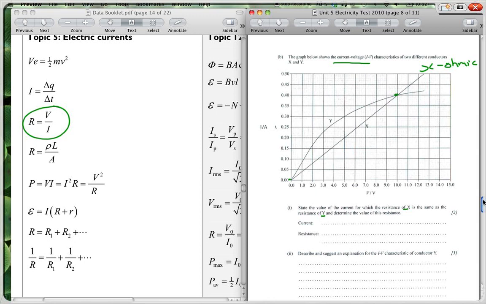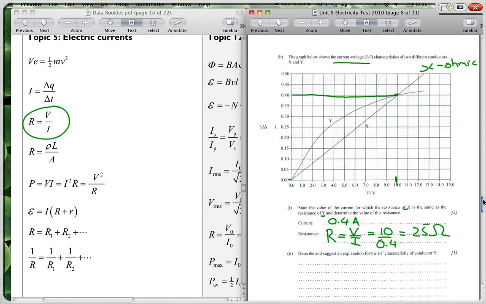So the current will therefore be 0.4 amps, because we can see that across there, 0.4. Your resistance, R, is equal to V over I. It will be 10 volts, so it's going to equal 10 divided by 0.4, and when we divide that, we're going to get 25. That will be 25 ohms.